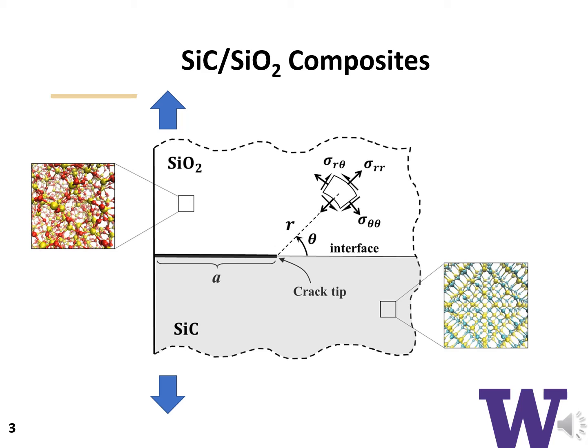Like other SiC-based bonded components, SiC-SiO2 interface is considered a strong interface, where the interface crack tends to propagate through one of the base materials instead of growing through the interface. Working on this problem, one of the main questions that we had in mind was, can we capture effects of temperature on interfacial fracture behavior as well?